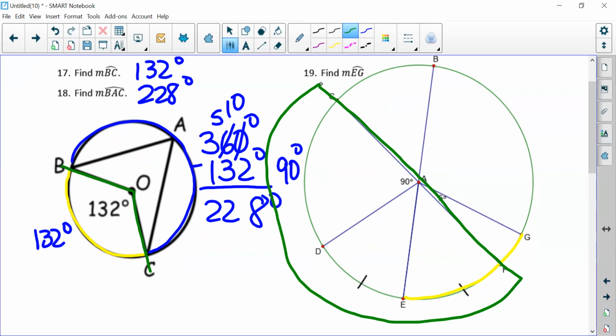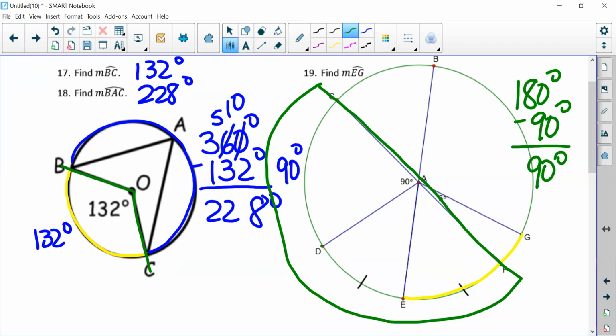So look, if arc CD is 90 degrees and arc CDF is a semicircle, we can take 180 and subtract 90, which leaves us with 90, okay?